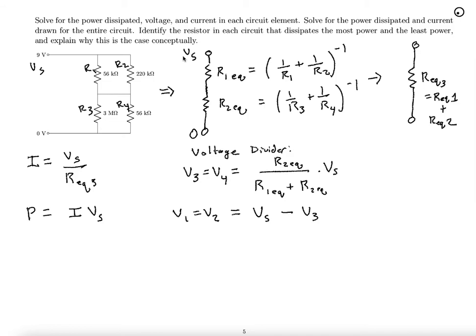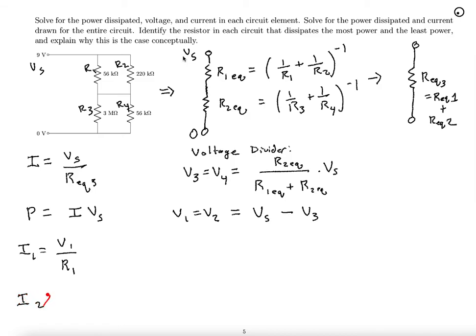So now I have the voltages across each resistor, I have the current through the entire circuit, let's get the current through the individual resistors. So current through 1 is V1 over R1.